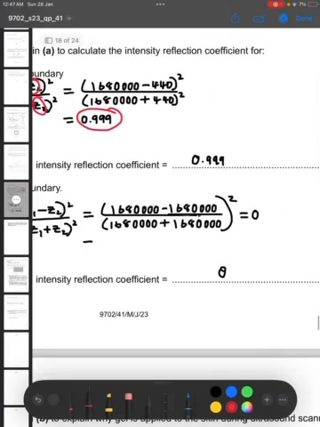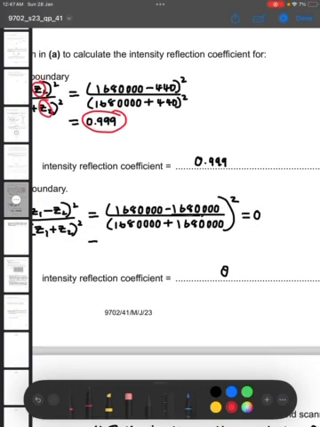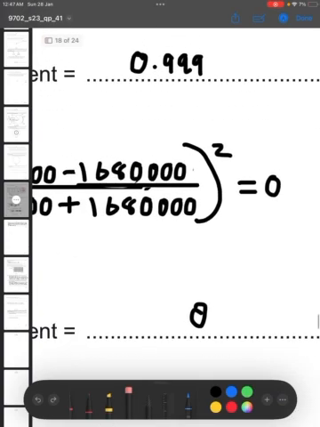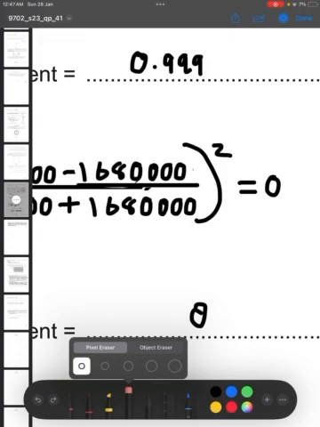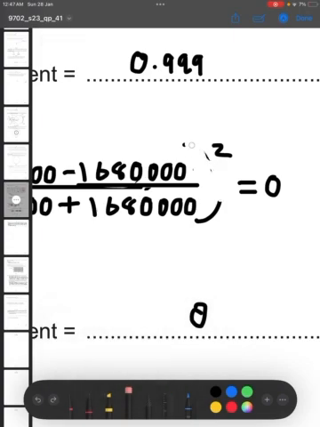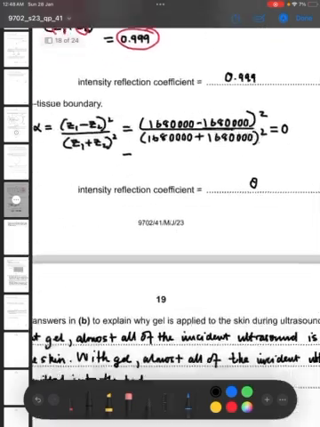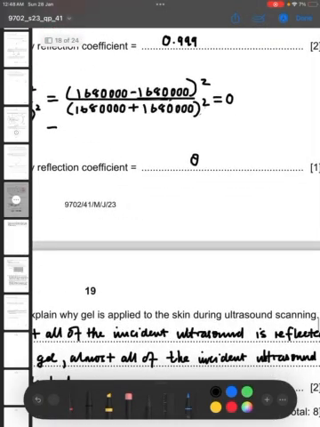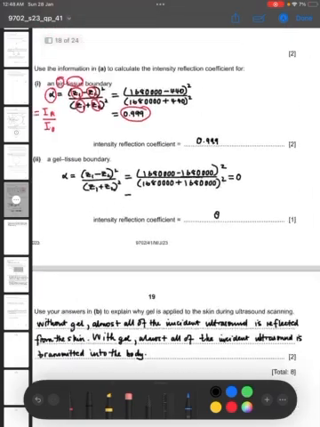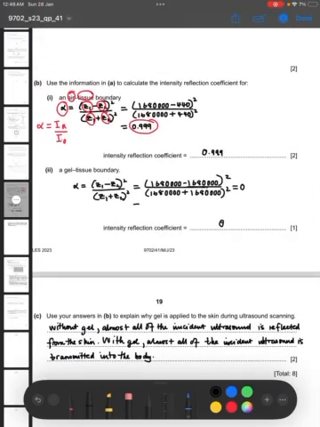It is not proper of me to put the combined square, because mathematically it's not correct, so let me remove what I put there. Then this becomes this squared separately. This gives us an intensity reflection coefficient of 0.